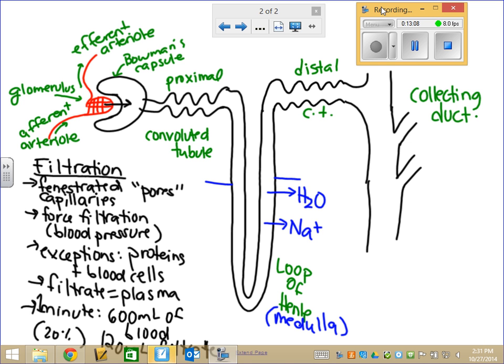And here's what happens specifically in the loop of Henle. Sodium is reabsorbed by active transport.